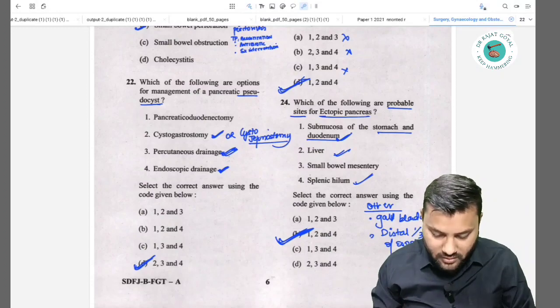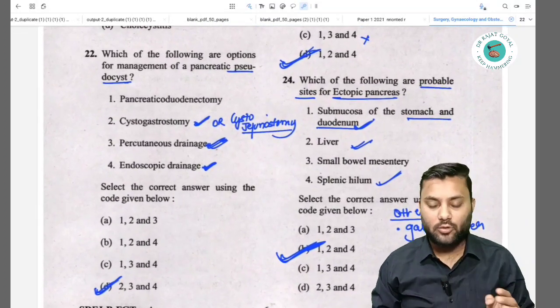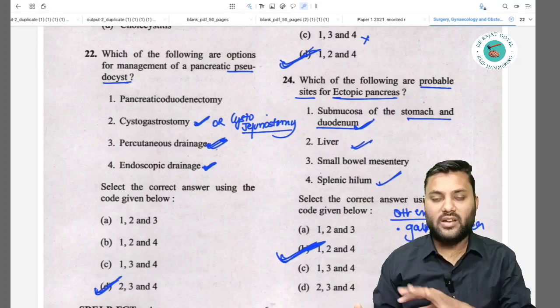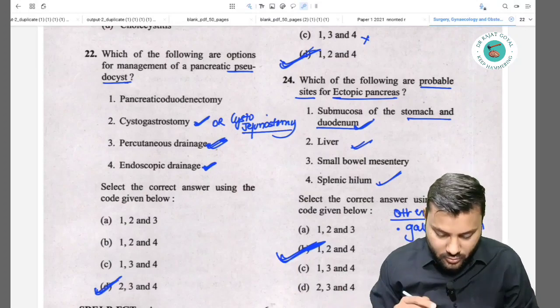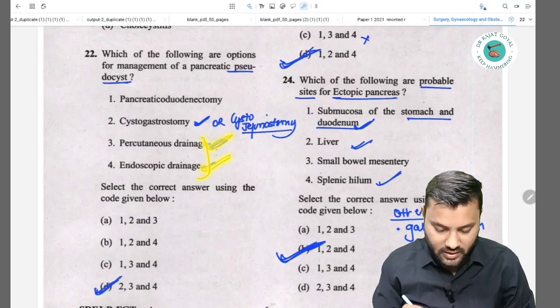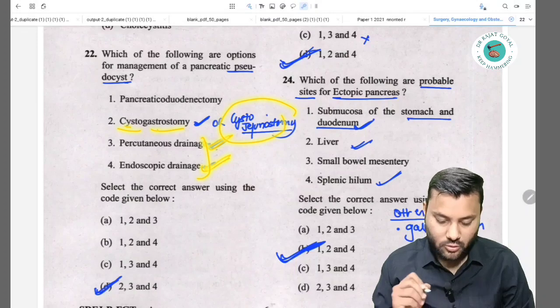Which of the following are options for management of pancreatic pseudocyst? So whenever there is a pseudocyst, we have to either drain it or connect it with other organs such as the stomach. So here we can do endoscopic drainage or percutaneous drainage, and we can connect it with the stomach by cystogastrostomy.